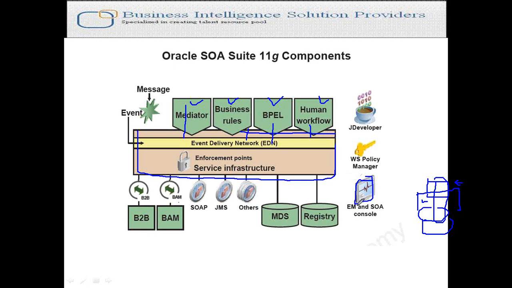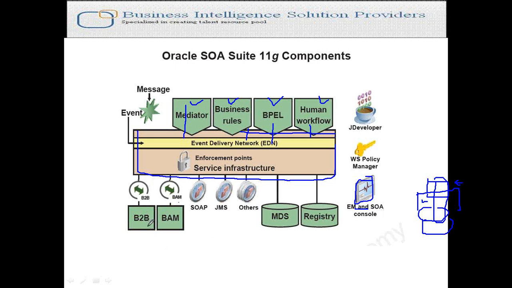So it's all done using the EM and SOA consoles. They are used for controlling the whole SOA suite. Even when you start working on it, to debug and to see the instances, it's the EM console that you have to use.